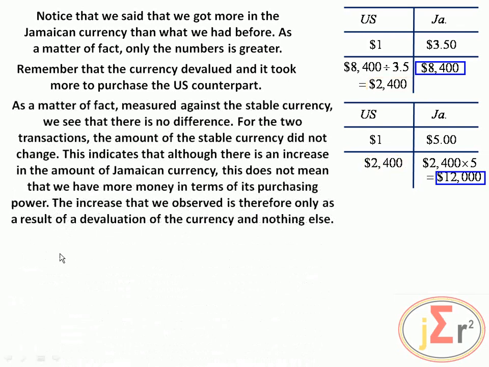As a matter of fact, measured against the stable currency, we see that there is no difference. For the two transactions, the amount of the stable currency did not change. This indicates that although there is an increase in the amount of Jamaican currency, this does not mean that we have more money in terms of its purchasing power.